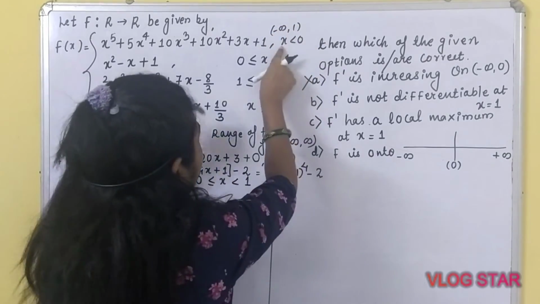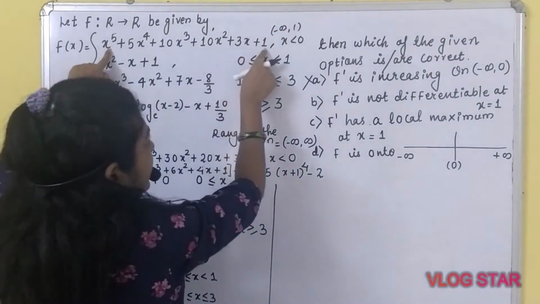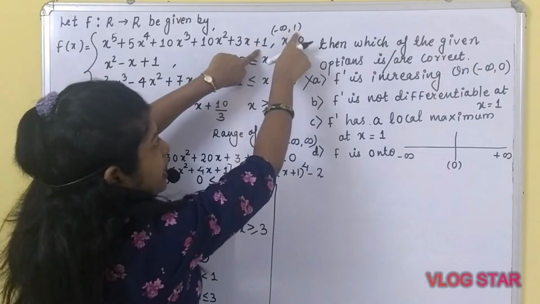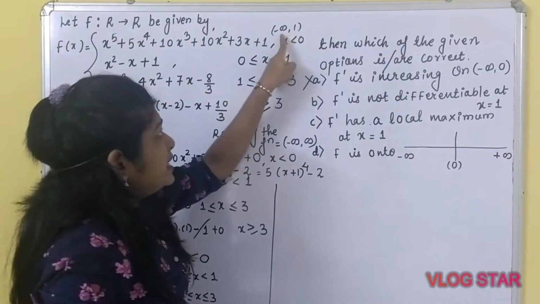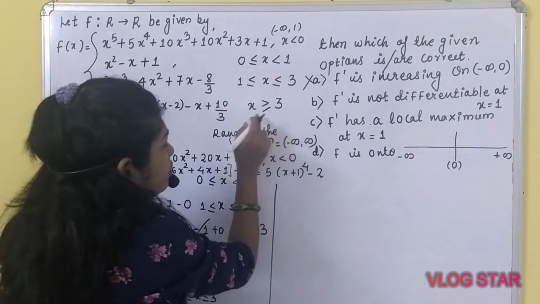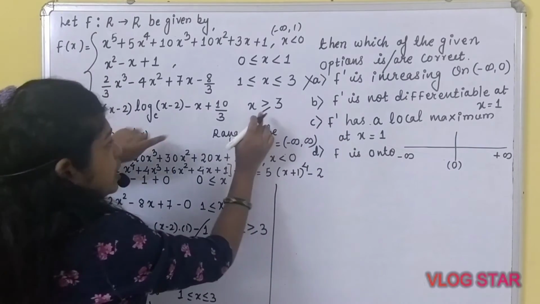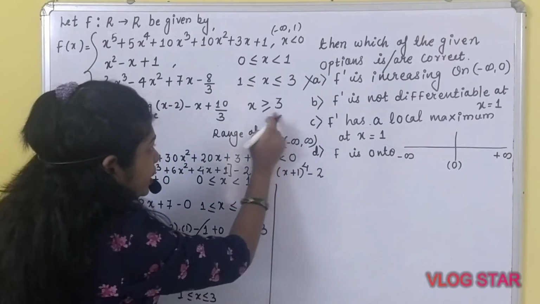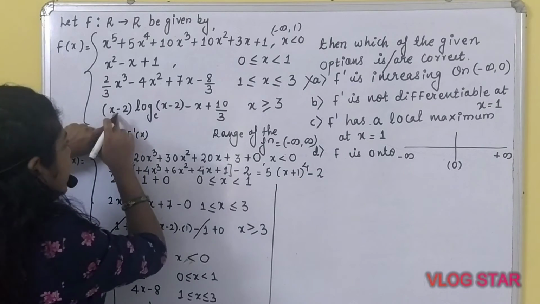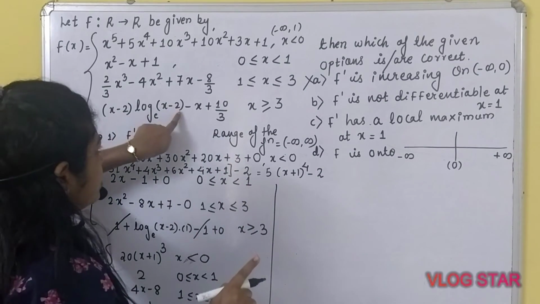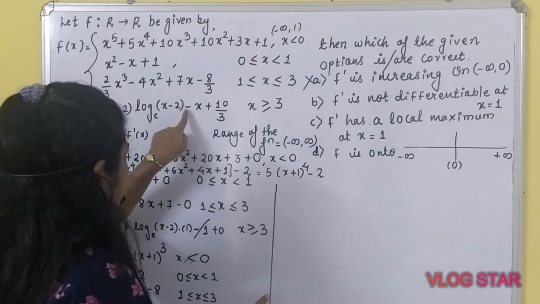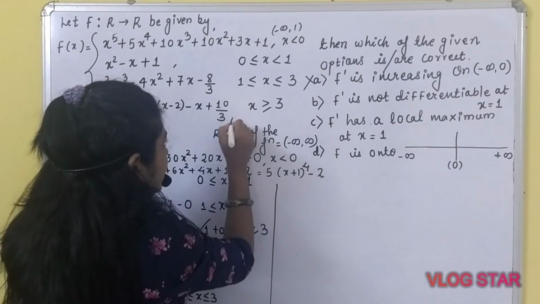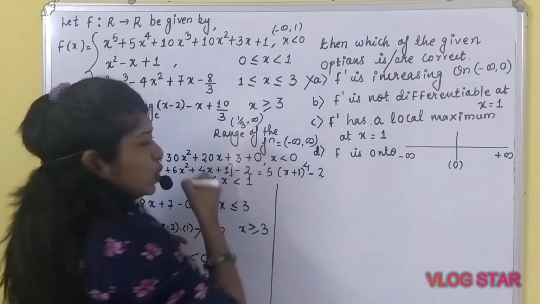Because if you substitute x is equal to 0, the answer would be 1. So the initial range is minus infinity to 1, and for the final range you have to substitute x is equal to 3. If you substitute x is equal to 3, 3 minus 2 is 1. Log 1 is always 0. This is minus 1 plus 10 by 3. Minus 1 plus 10 by 3 is nothing but 1 by 3 to infinity.